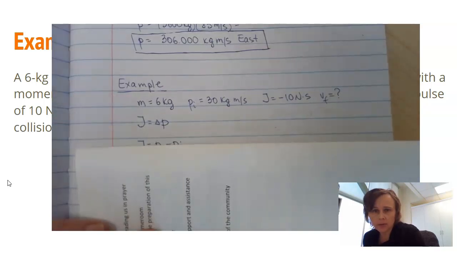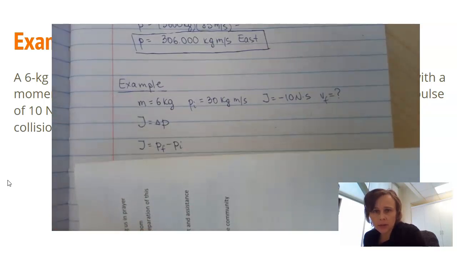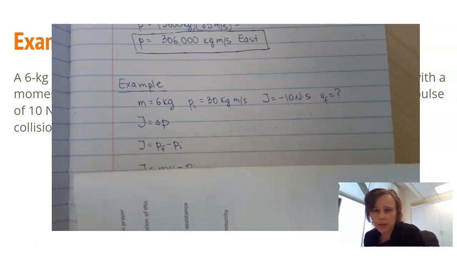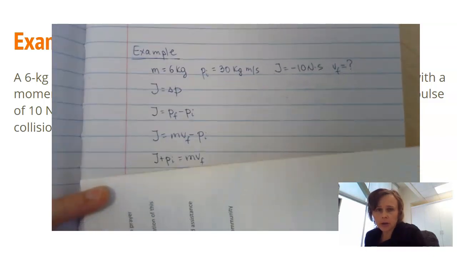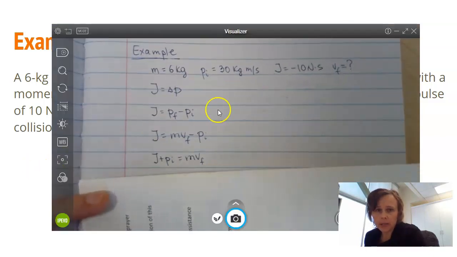Let's find the final velocity. So let's write the equation for the impulse. It's the change of momentum, final minus initial, and we write the equation for the final, which is mass times final velocity, and we keep the momentum for the initial because it's given.